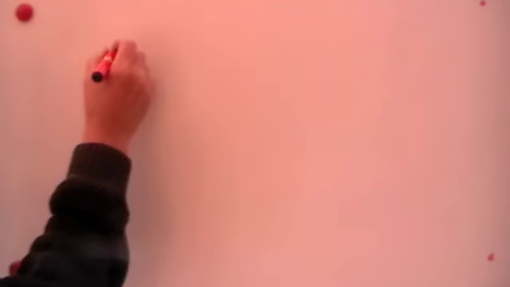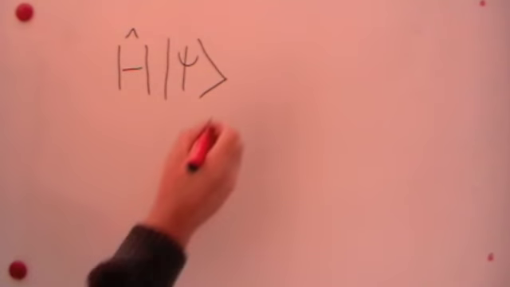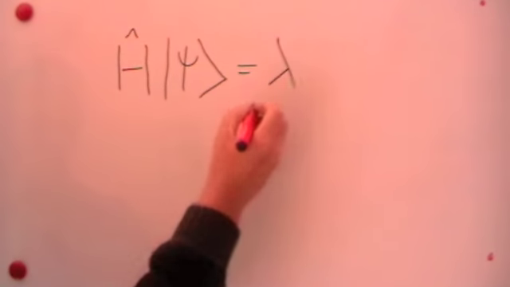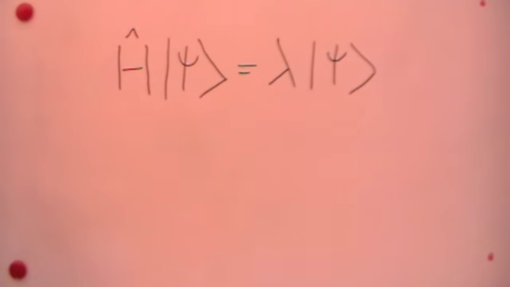So you'll remember from photon polarization we developed a rather important formula. We had an operator H, which is a Hermitian matrix, acting on a state, for which I'm now going to introduce the Greek letter psi, and that produces a real number multiplied by the same state psi.